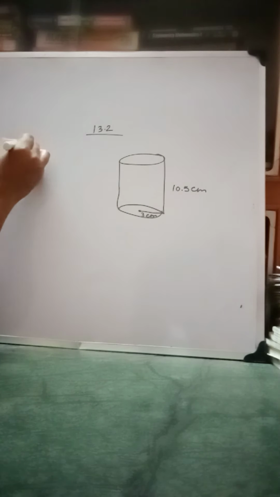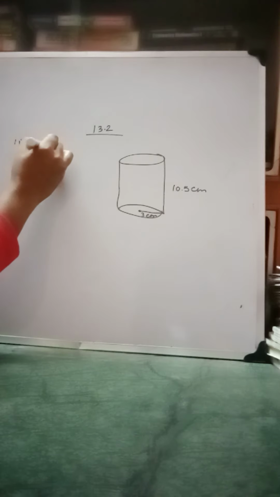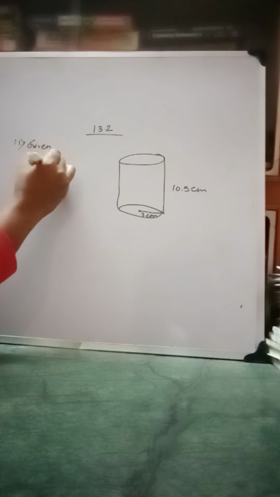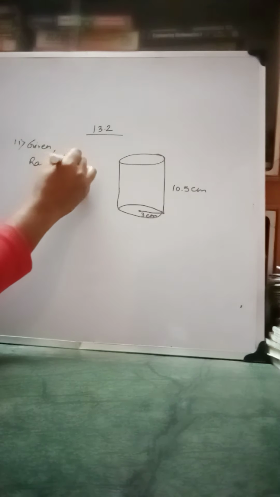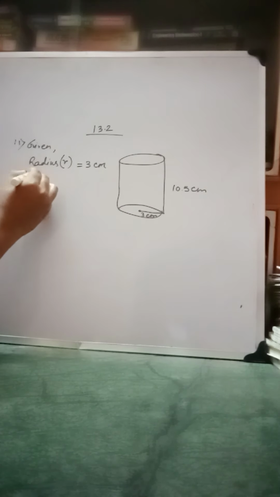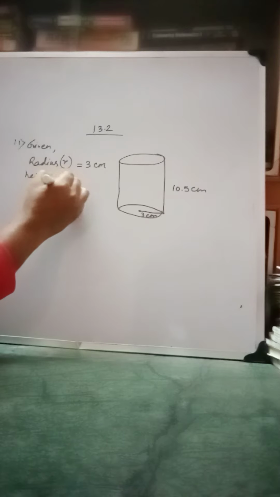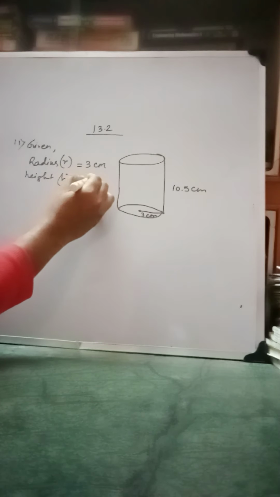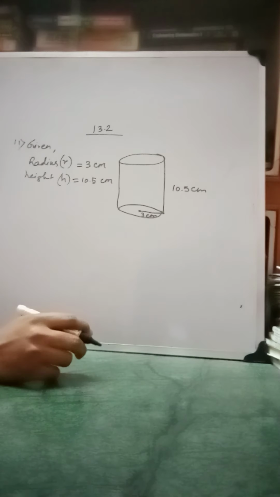So this is 11. So what is given? Given is that radius r equals to 3 centimeter, height h equals to 10.5 centimeter.